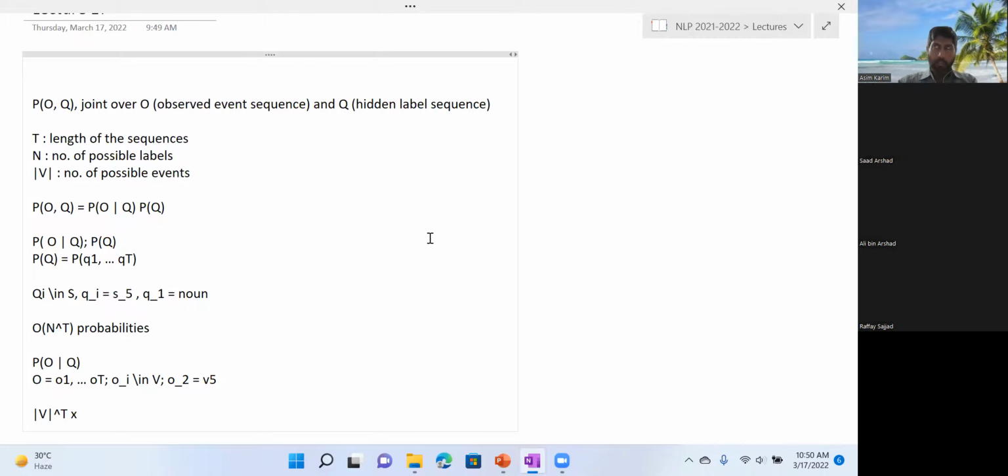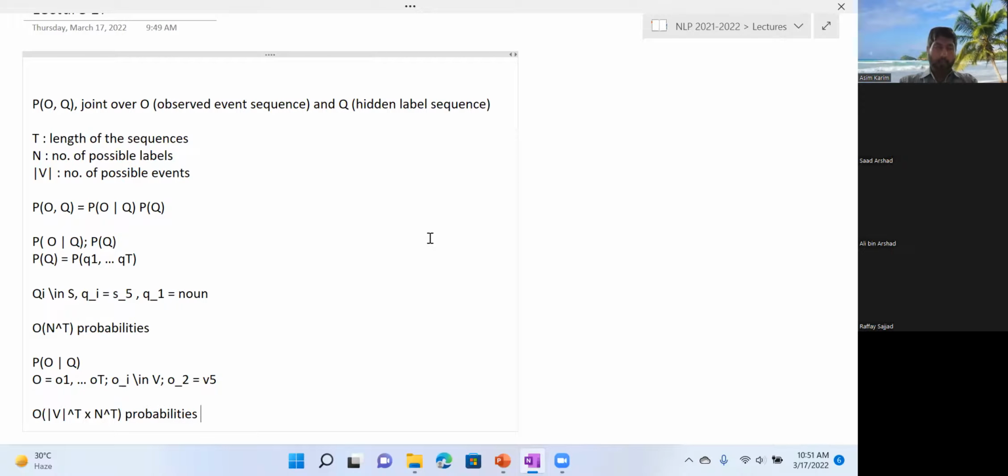You multiply that with N raised to T, as we computed before. So this is the number of probabilities that you need to estimate. Again, this is a massive number. Vocabulary size V can be huge, in the thousands or even hundreds of thousands. And T can also be large. N is large, T is large. So this is a huge number.